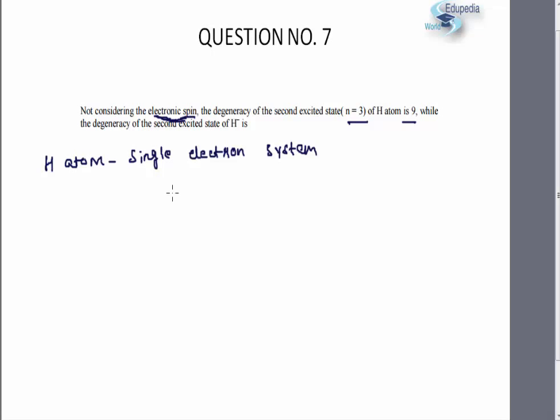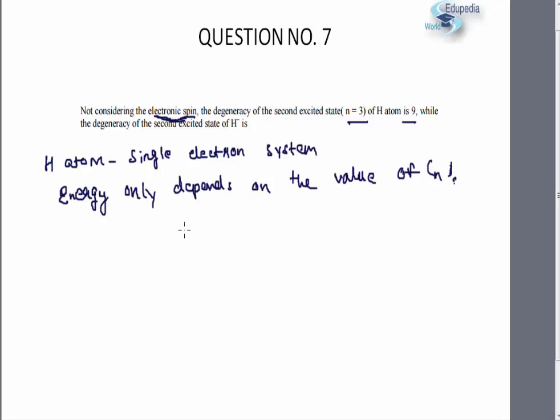In case of single electron system, the energy only depends on the value of n. Okay, so the single electron systems do not follow your n plus L rule, so it is independent of L.